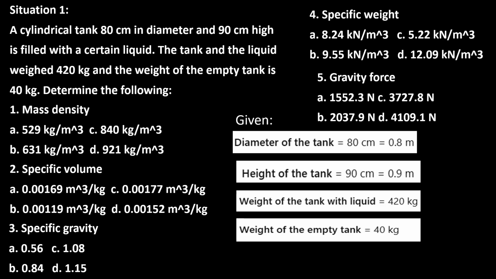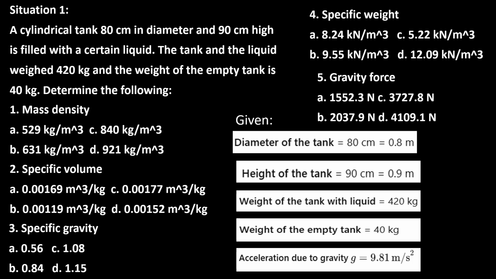This is just for correction. Then finally, we have the acceleration due to gravity. g is equal to 9.81 meter per second square. Now we can start solving all the questions given in the problem.